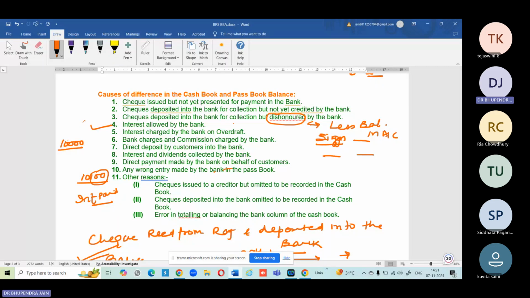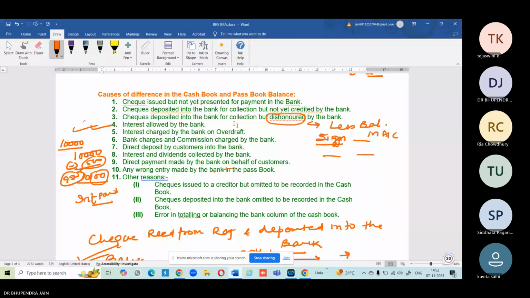Suppose your balance is rupees 10,000 in the cash book, and your balance in the passbook is rupees 9,500, and 500 rupees is the interest charged by the bank. So this is the next cause of mismatch between the balance as per the bank account in the cash book.